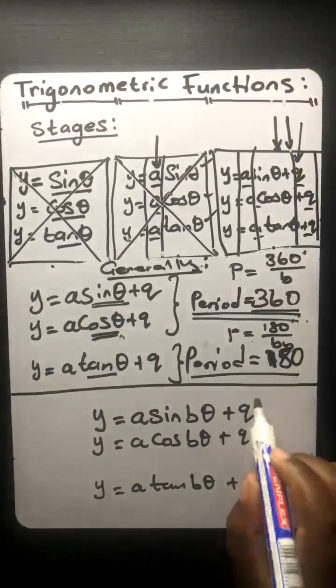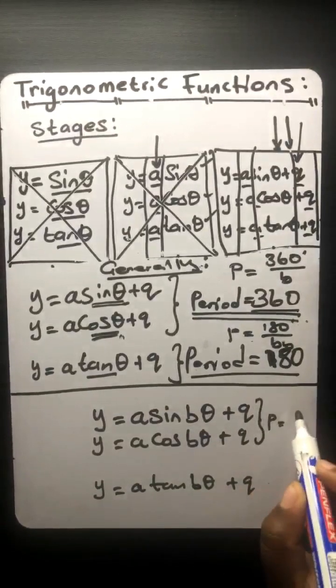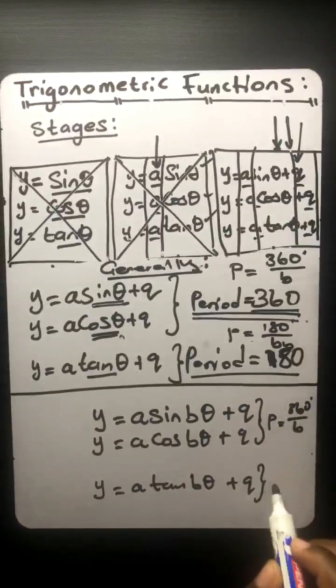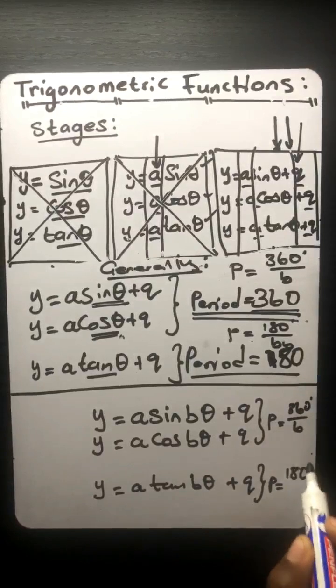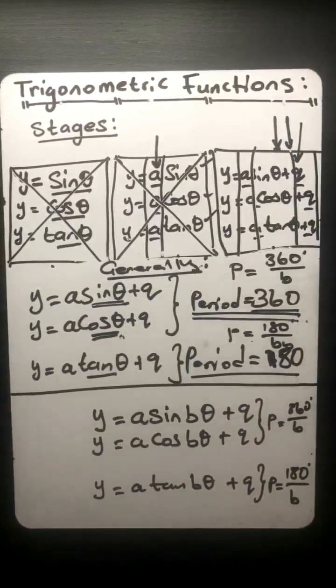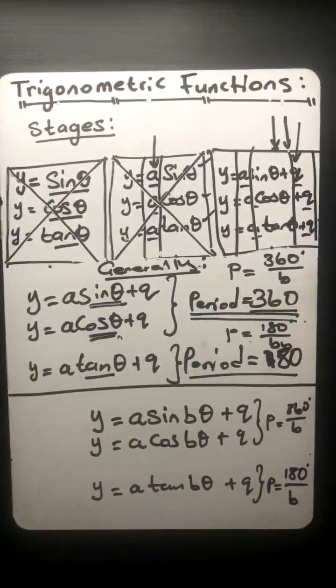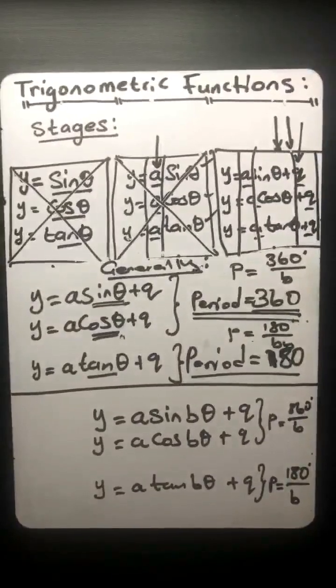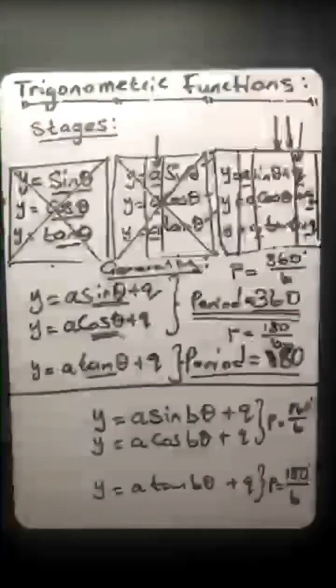And then we said to calculate the period for this one, it equals 360 degrees divided by B. And for this one, the period equals 180 degrees divided by B. I'm telling you guys, I can promise you now, the way in which this lesson is being presented, it won't be presented to you in the same manner at school.